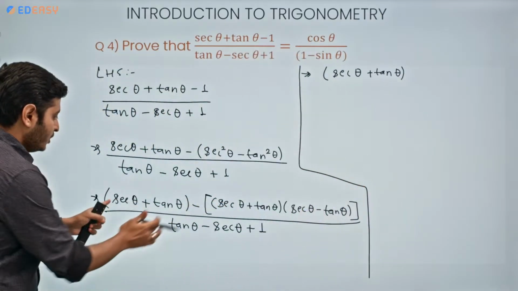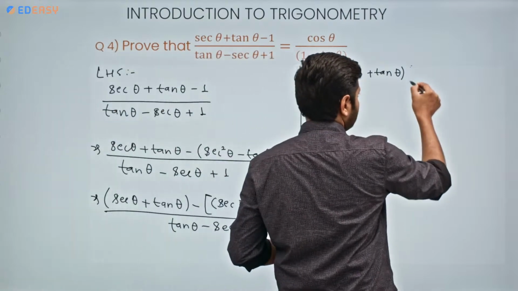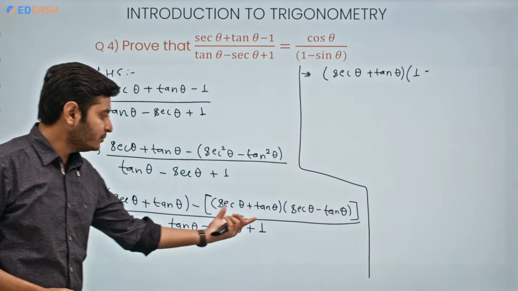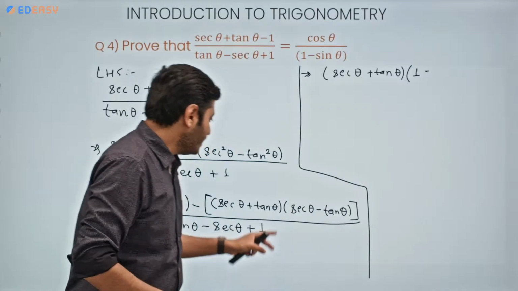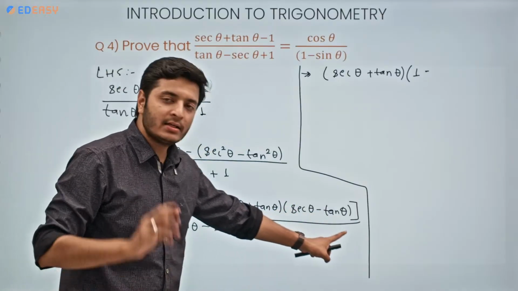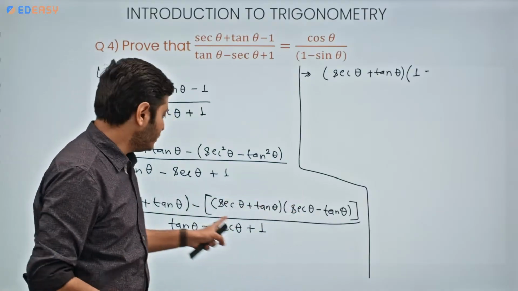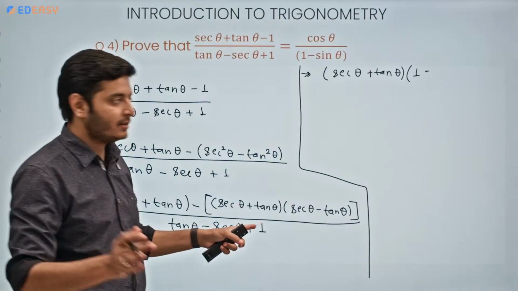Inside, out of this term, what are you left with? Only 1 minus. And from this term, what are you left with? Secant theta minus tan theta. Now suppose secant theta minus tan theta, what you are left with. If you are opening the bracket, it will become minus secant theta and minus minus plus tan theta.